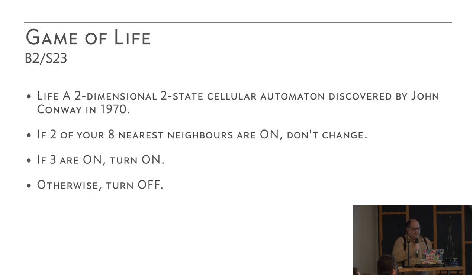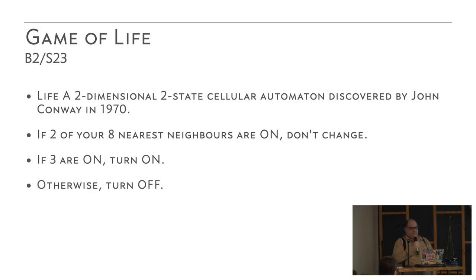So the game of life is a two-dimensional, two-state cellular automaton discovered by John Conway in the 70s. Von Neumann and another researcher actually discovered cellular automata, but the game of life popularized it.